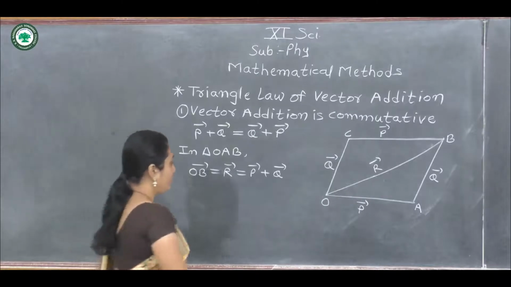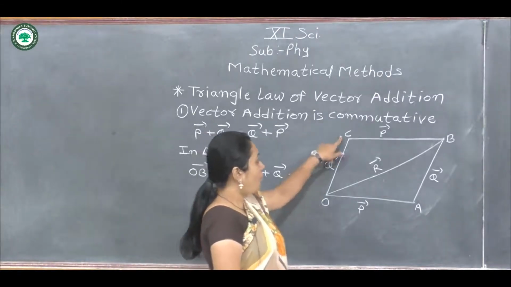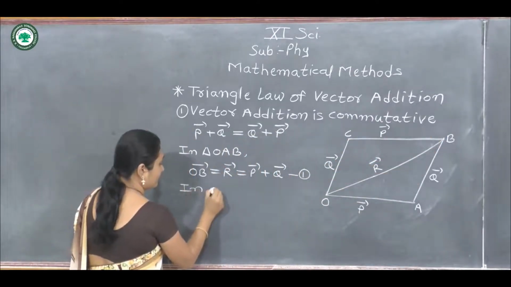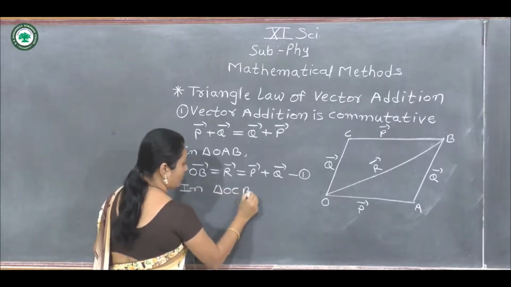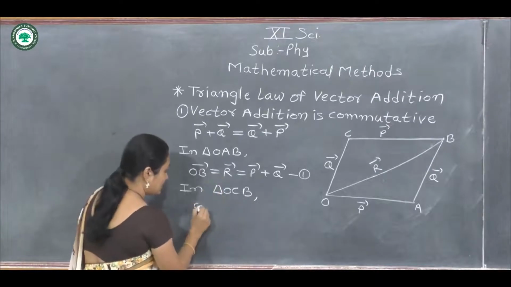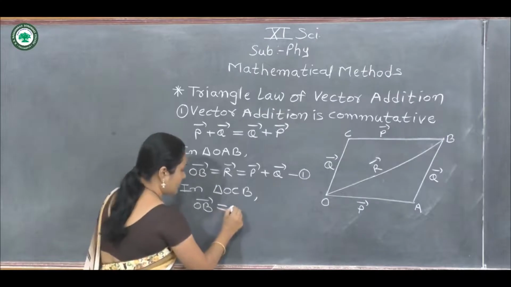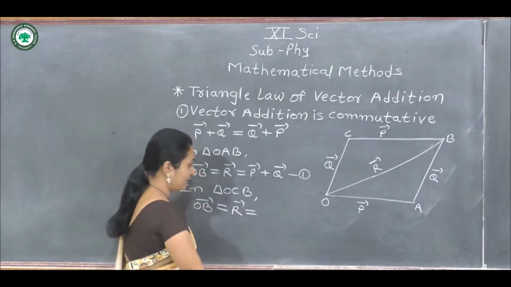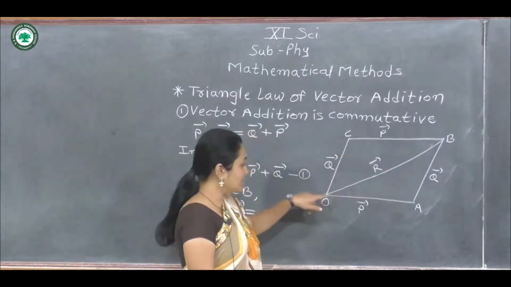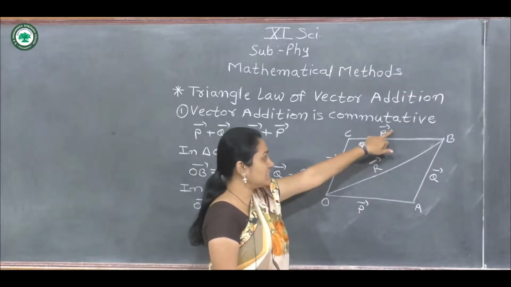We will call this equation 1. Similarly, in triangle OCB, the resultant vector is also OB bar, which is equal to R bar, equal to OC plus CB, so Q bar plus P bar.